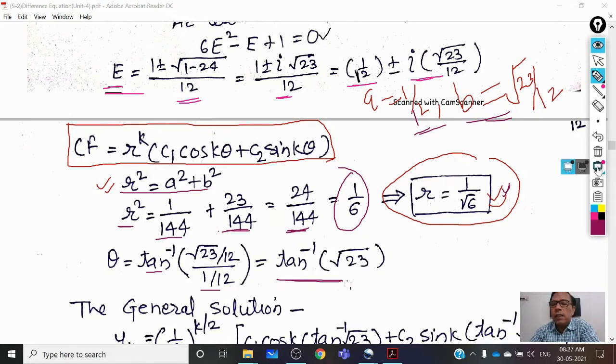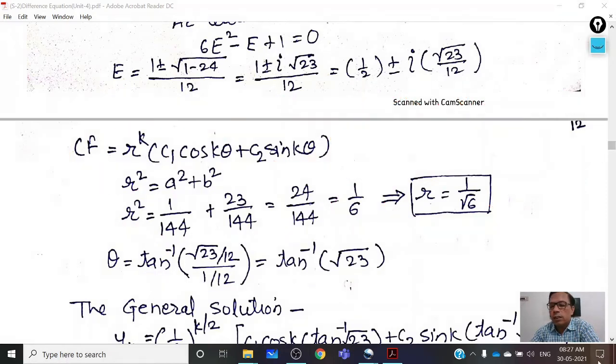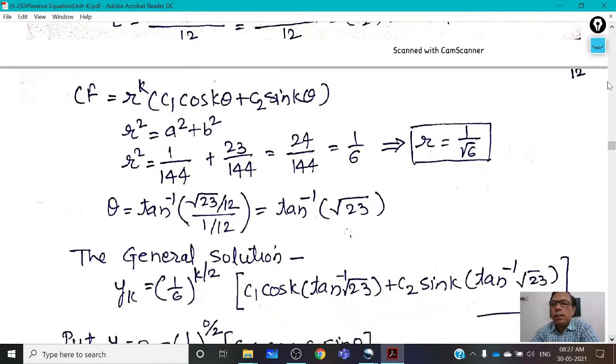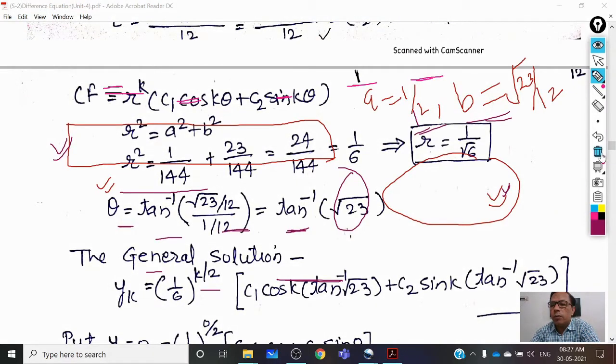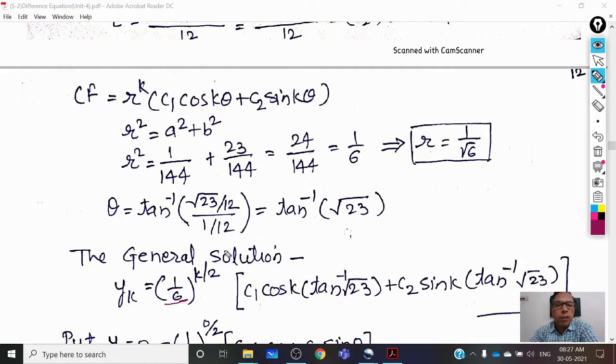So CF, by using this formula r^k (c1 cos kθ + c2 sin kθ), is (1/6)^(k/2) [c1 cos(k tan⁻¹√23) + c2 sin(k tan⁻¹√23)].